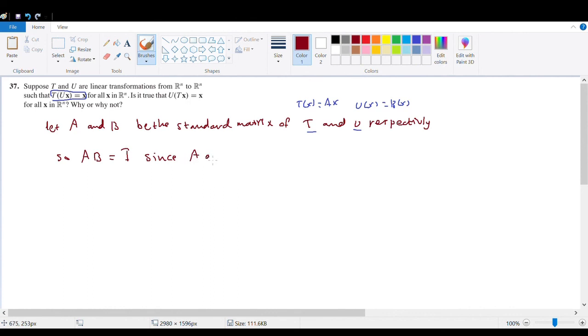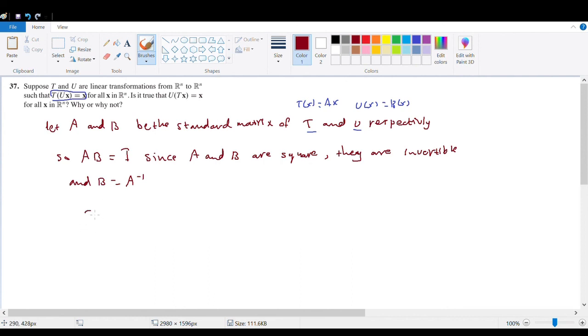Since A and B are square, they are invertible, and B is equal to A inverse. We know that both of them are square, because here we have the transformation from Rn to Rn, so both of them are n by n.